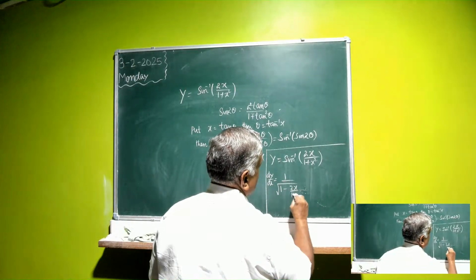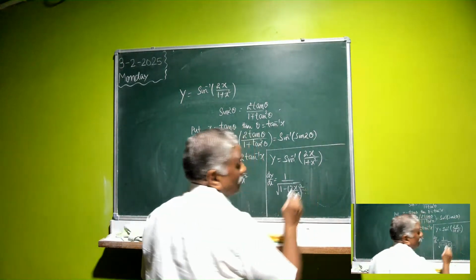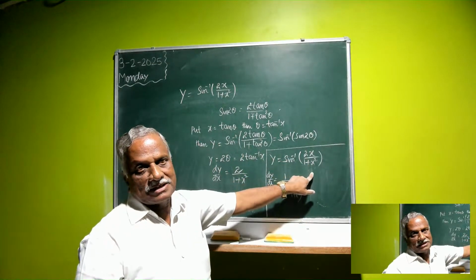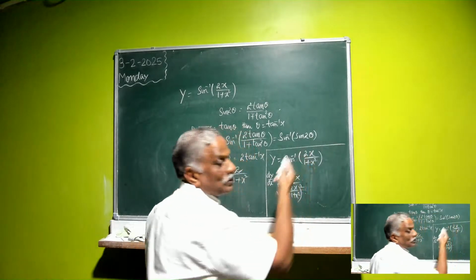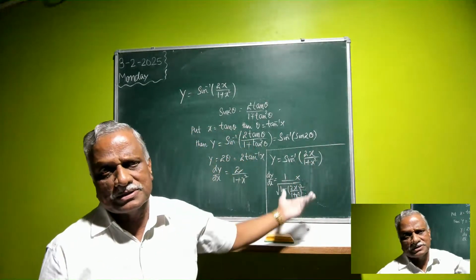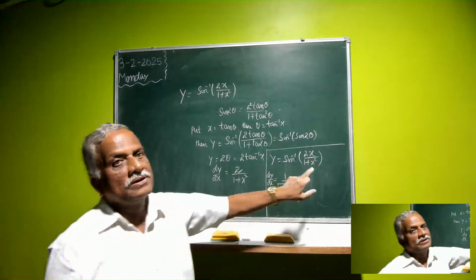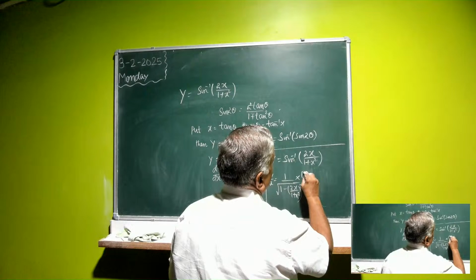Differentiation of sine inverse is 1 over root of 1 minus x square. In place of x you have got this expression. Now you should use the quotient rule. What is the quotient rule?